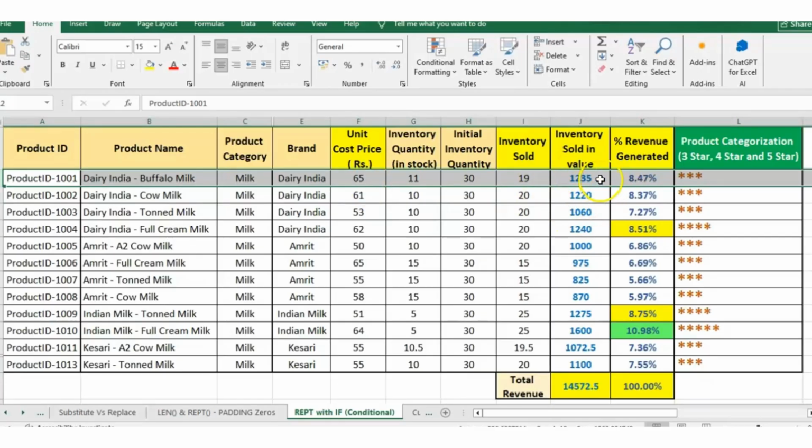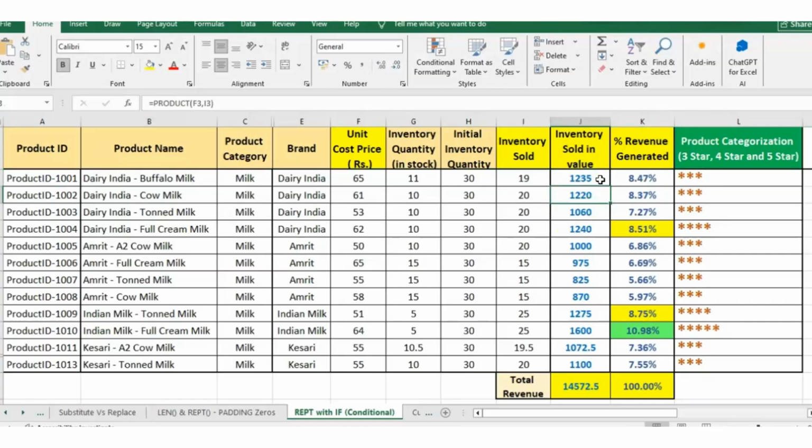On similar lines, we can generate the inventory sold in value for each product. In the end, we will calculate the total revenue generated starting from J2 till J14.